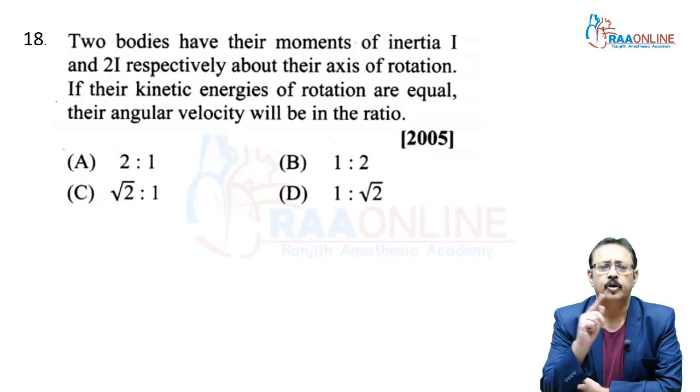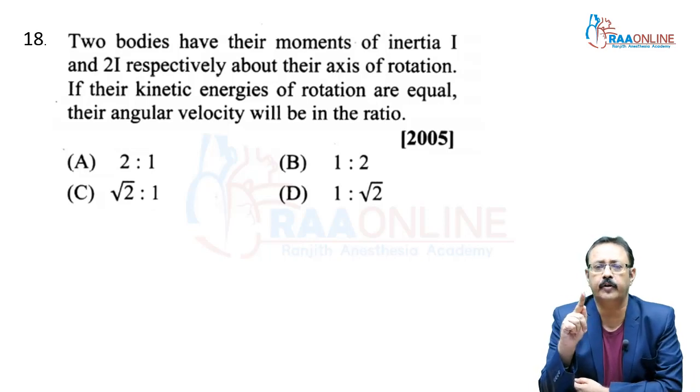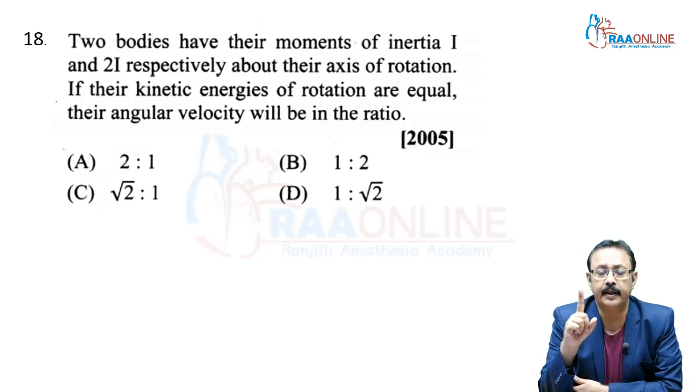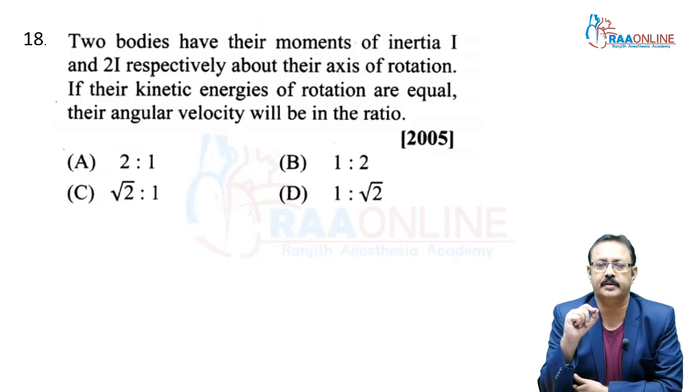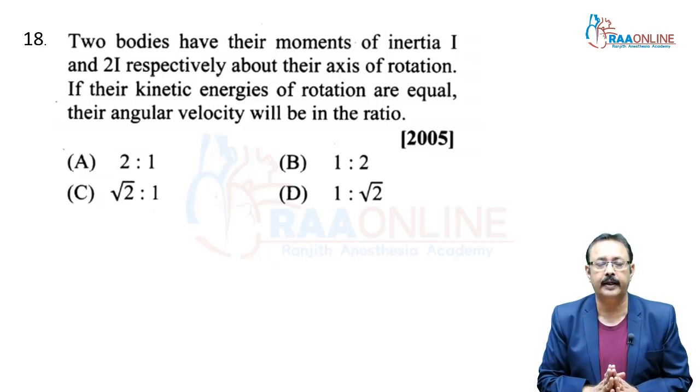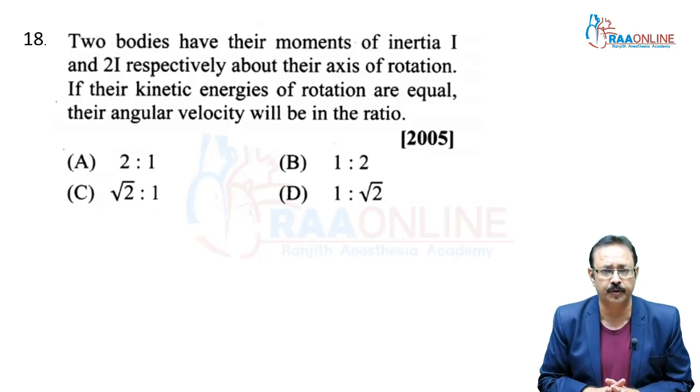Next, two bodies have their moment of inertia I and 2I respectively about their axis of rotation. If their kinetic energies of rotation are equal, their angular velocities will be in the ratio. They are talking about only and only rotational motion.